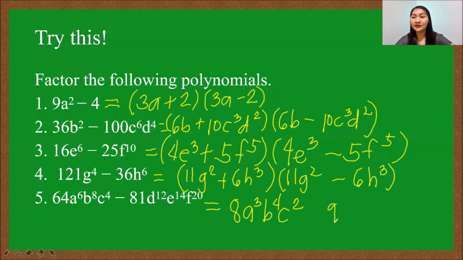And the square root of d raised to 12 is d raised to 6. The square root of e raised to 14 is e raised to 7. And the square root of f raised to 20 is f raised to 10.